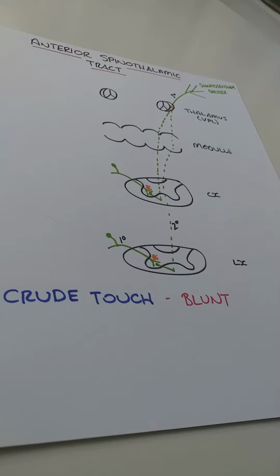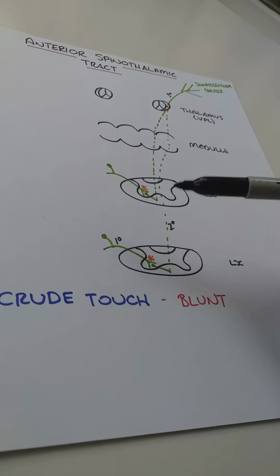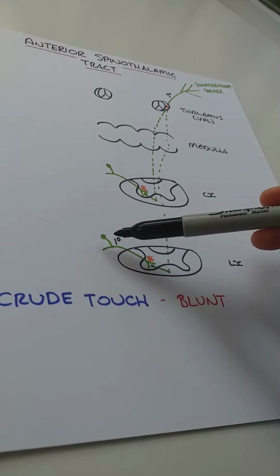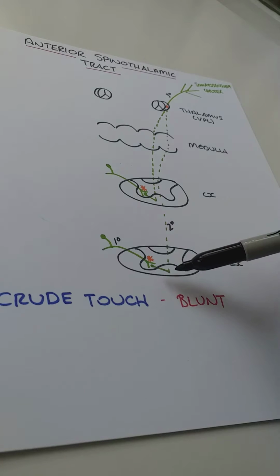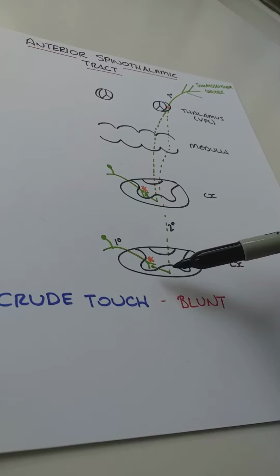Let's just run through it one more time for good measure, reading off my notes so I know it's right. So your signal comes in. Decussation occurs on the anterior aspect of the white matter. Okay, that's the important bit.